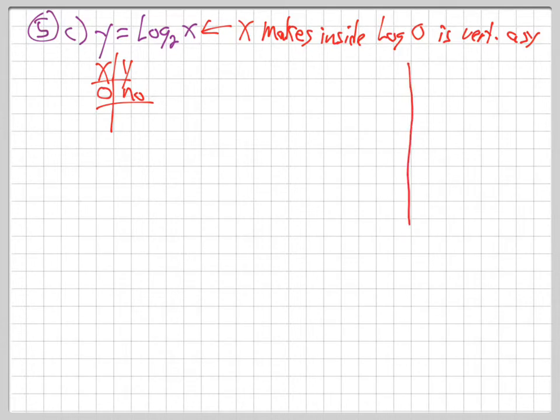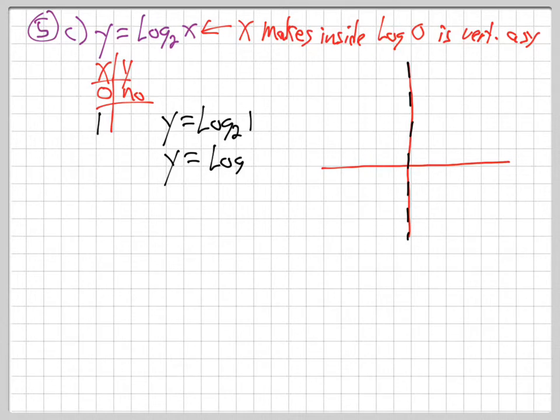So again, we have a vertical asymptote that is 0. And then what should we do from there? Go up by 1? We could do that. So y equals log base 2 of 1. Remember how we changed that? We let the base go to the bottom. Hit the buttons on your calculator, you get 0. Over 1, up 0.